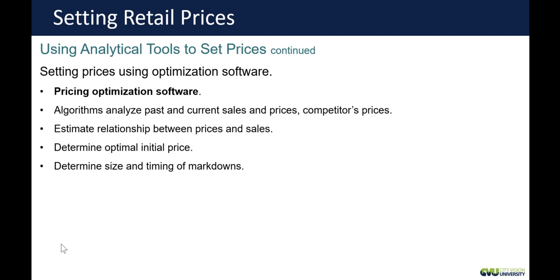You can also use price optimization software. These use algorithms and calculate things. They look at competitors' prices, they estimate relationships, and they determine the optimal price and timing of markdowns and everything else. I have seen more analytical tools based on optimization here recently. The example I have is I was online looking for some black Dockers, and I saw some priced at $15, and I thought, wow, that's incredible, because they were name brand Dockers.